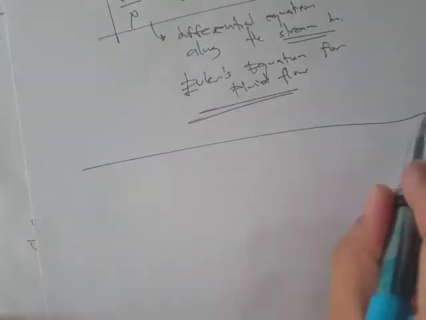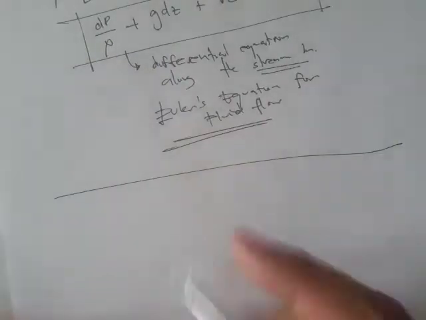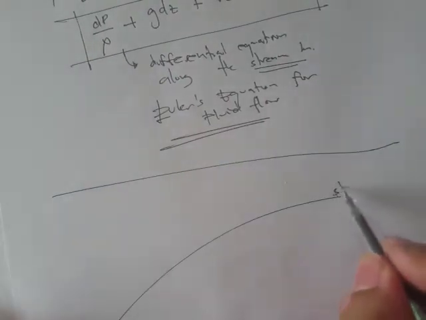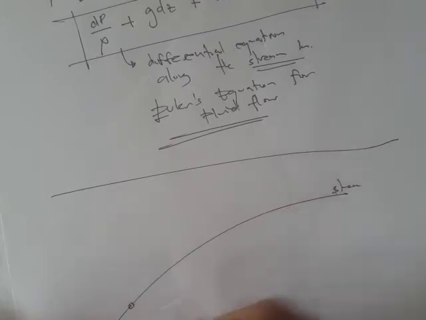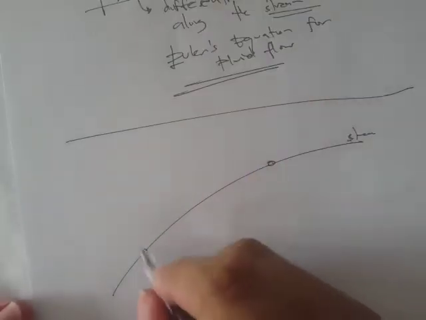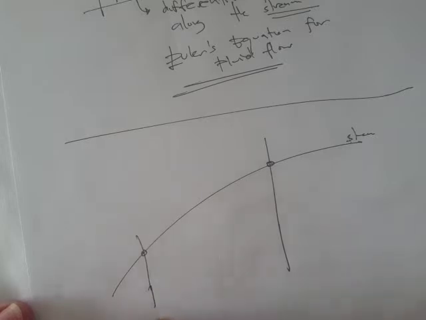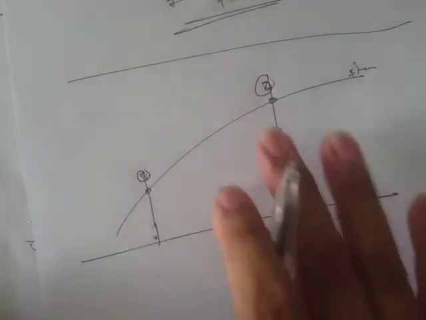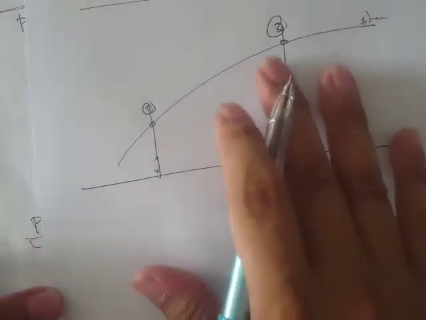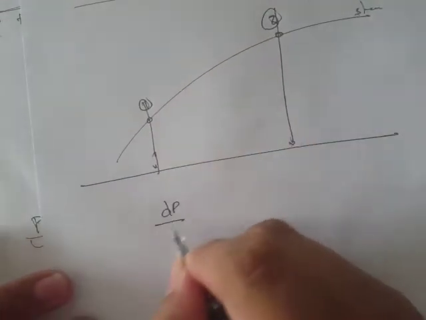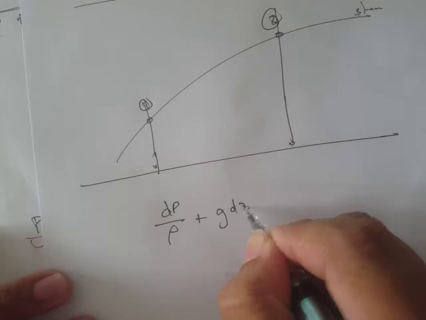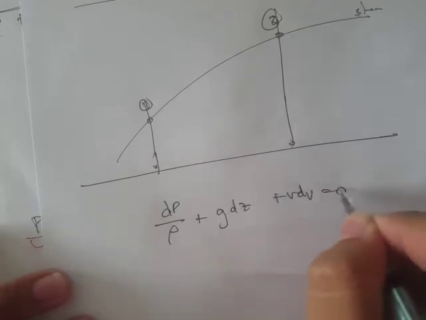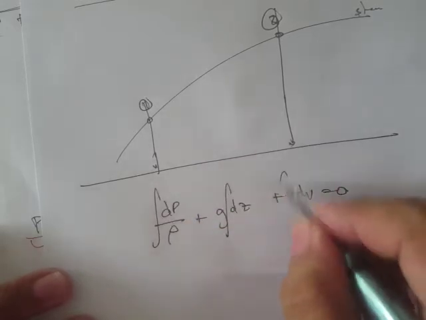Okay, so the point here is that if we want to integrate this Euler's equation along the streamline, let's say this is our streamline, and we want to integrate from point 1 to point 2. Right? Then what we'll get is dp all over rho plus g dz plus v dv is equal to 0. Okay, so let's integrate this.